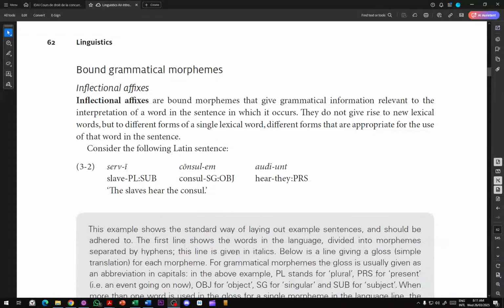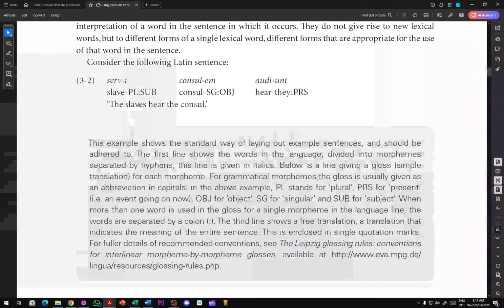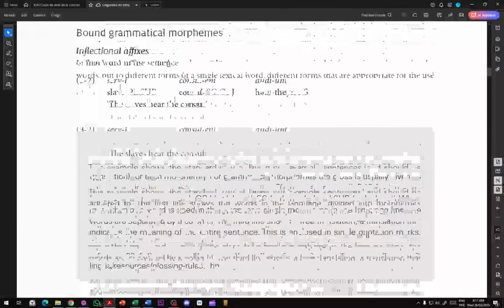They, what's PRS? What does PRS stand for? Present. Oh, here it was. The slaves hear the consul.